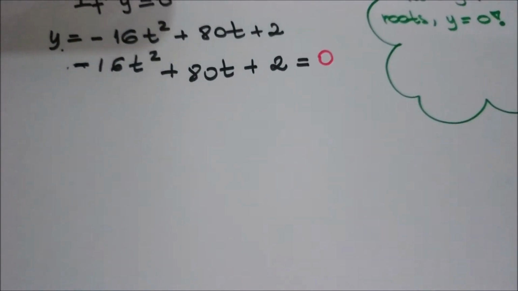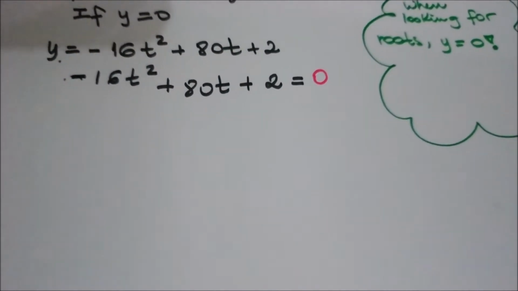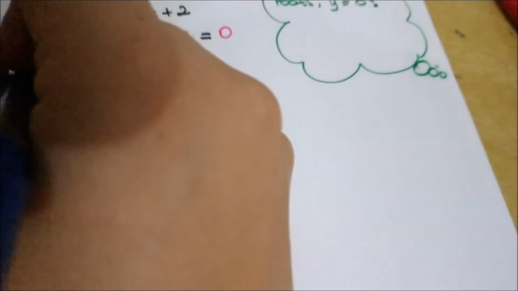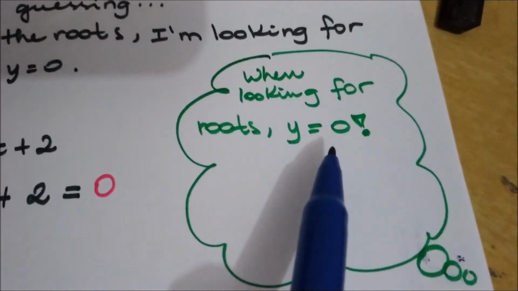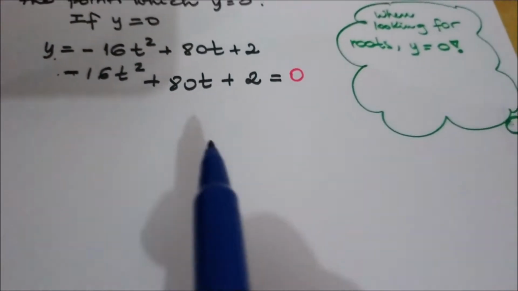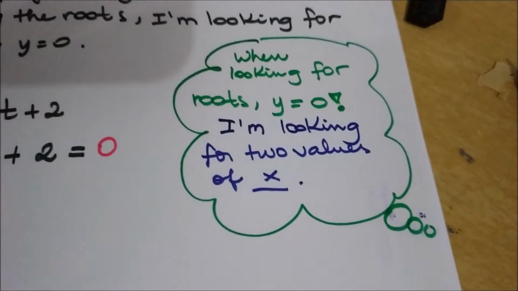I'm gonna write in a different color just to make your lives prettier. So, I'm not guessing, I'm saying that y is 0, then I'm looking for x. I'm looking for 2 values of x. Okay? So if I'm looking for values of x, I'm gonna call it x equals.